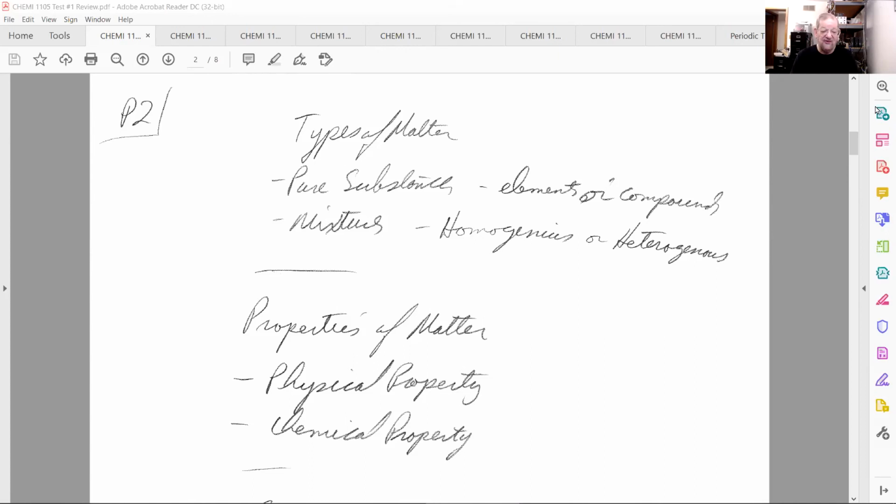And for this class, let's assume. Then I talked about mixtures. That's where you have 2 substances or more mixed together, and neither or any of the substances mixed together loses its chemical identity. When we talk about mixtures, there's 2 types: homogeneous and heterogeneous.